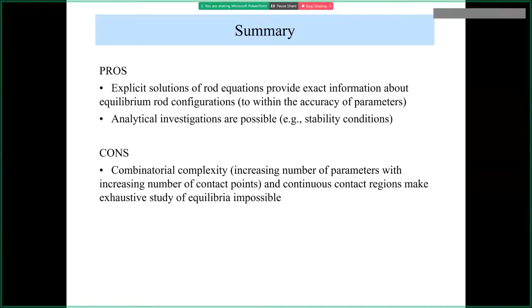Even though you're solving just algebraic equations, that becomes prohibitive for large and complex configurations. So this pretty much concludes the first part of my talk. If there are any questions, I can address them now.